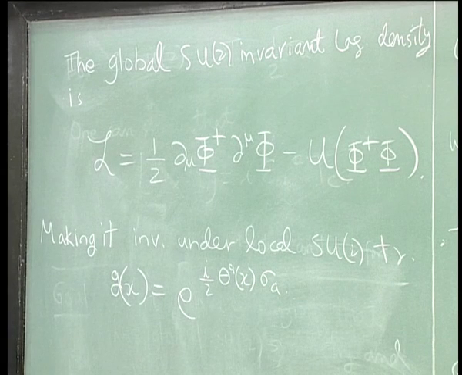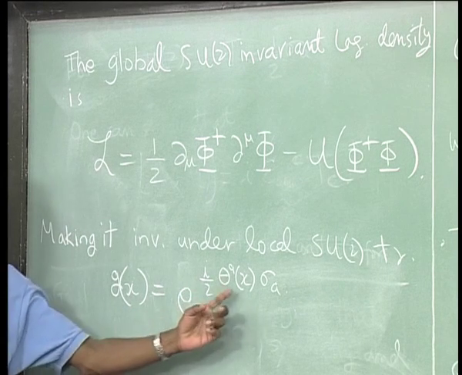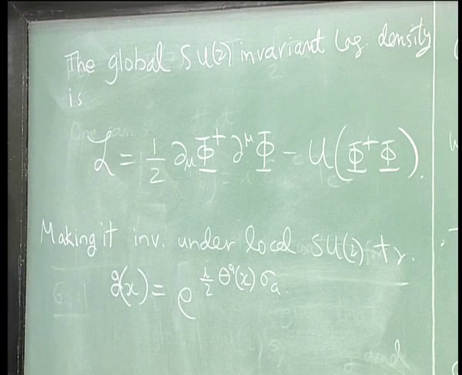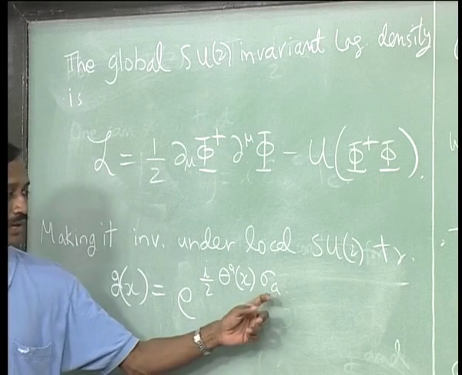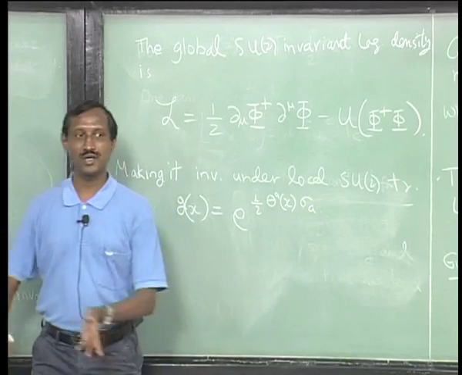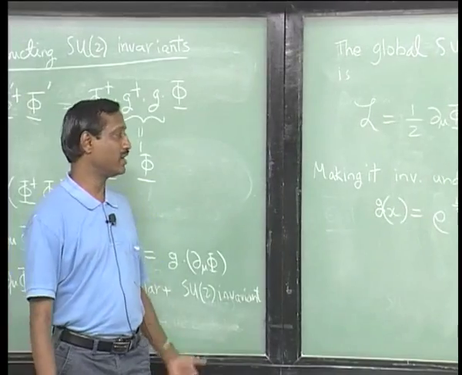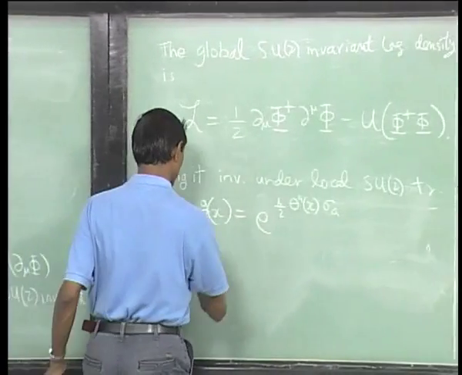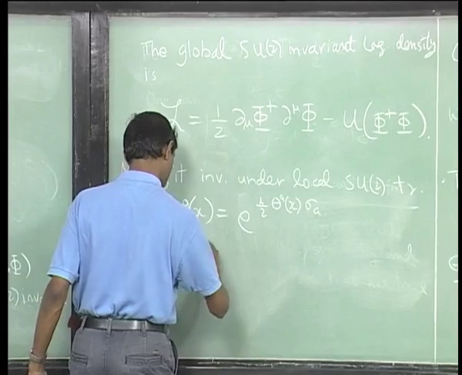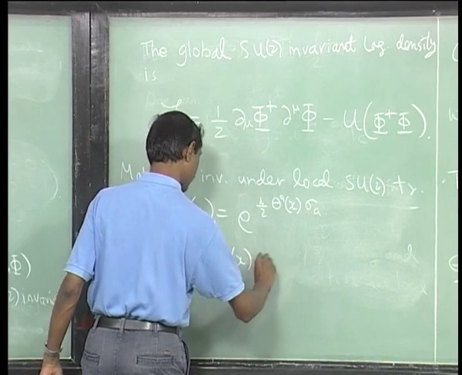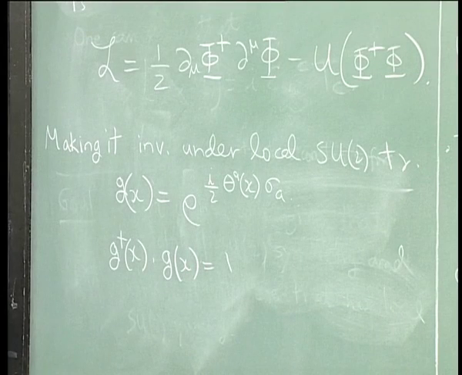The way we make this depend on space time is to require that the parameters become x dependent. The Pauli sigma matrices just go for the ride, they keep track of the group theory part of it. It ensures that it is indeed a unitary matrix, and this continues to hold, G dagger of x dot G of x is always equal to 1, the identity. It does not depend on whether theta is constant or depends on x.